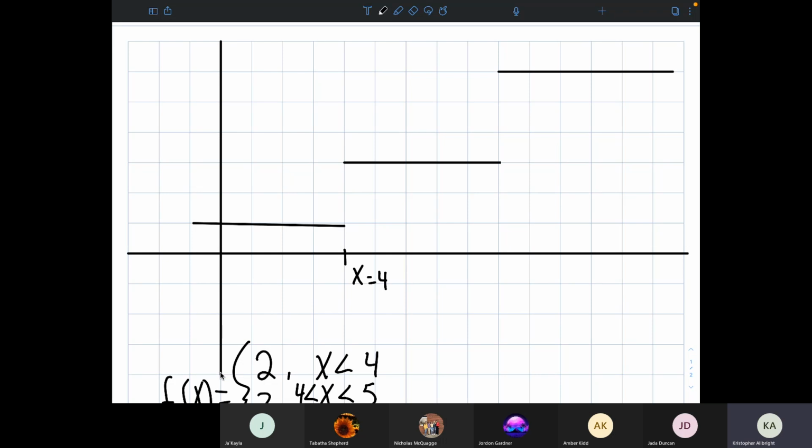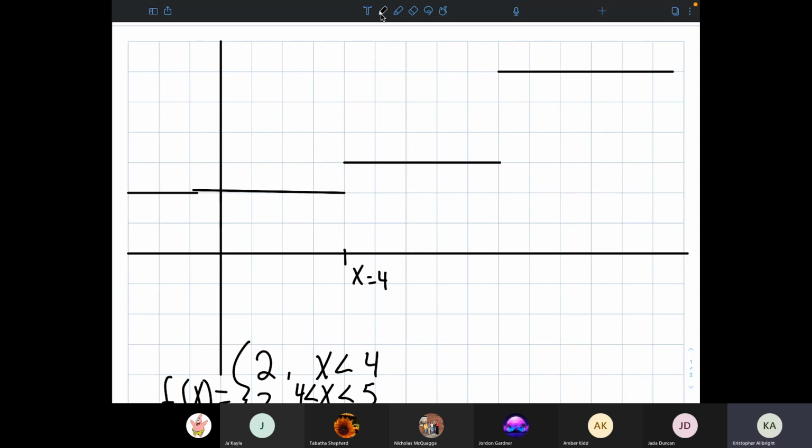At x equals 4, or anything less than that, y is going to just be 2. So I could probably move this up, and it would make more sense. So something like that. Imagine those lines touch.